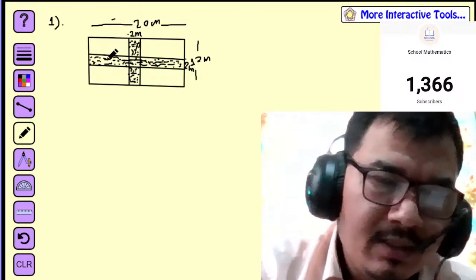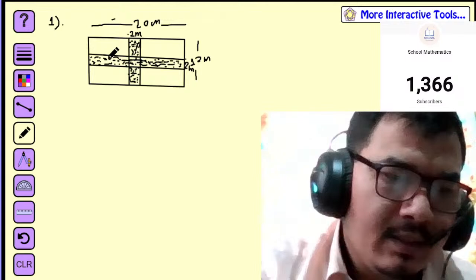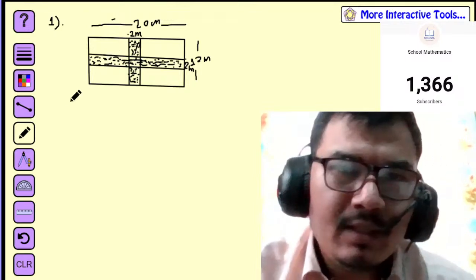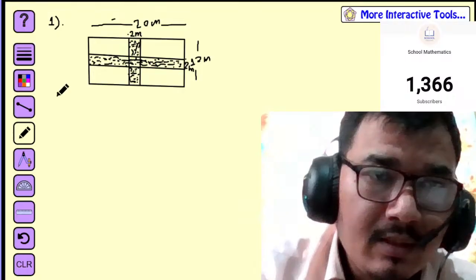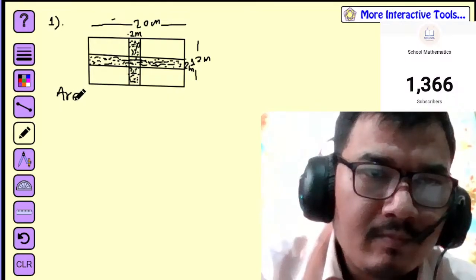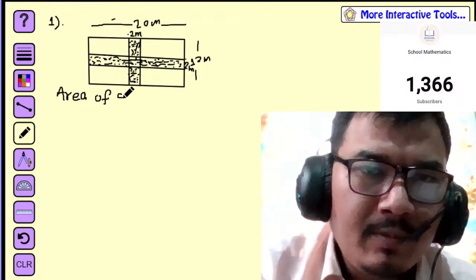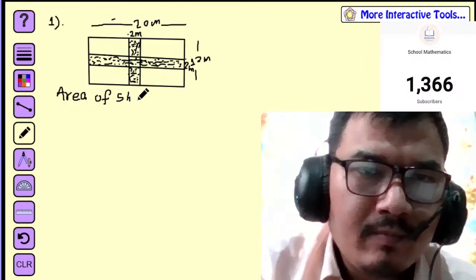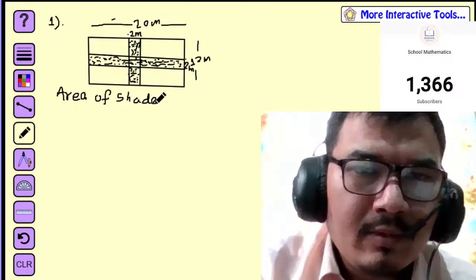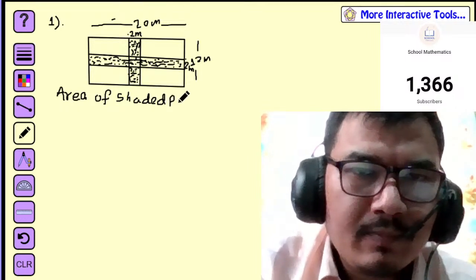The question has asked us to find the area of this shaded part. Area of shaded part equals what?